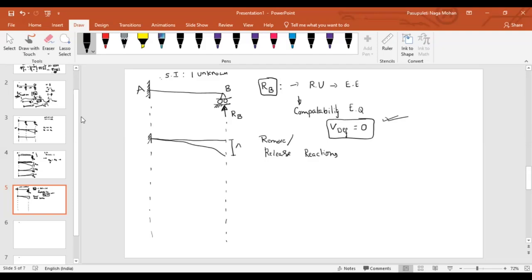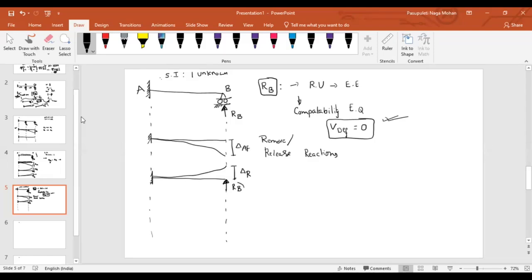What is this deflection? It is the deflection due to the applied loads or applied forces. There is no doubt about it, right? Now, to balance it, the reaction RB should act in the upward direction. Let us say that is the deflection due to the reaction.